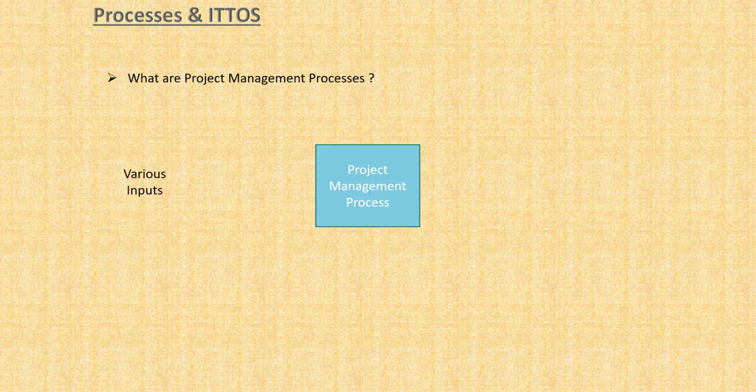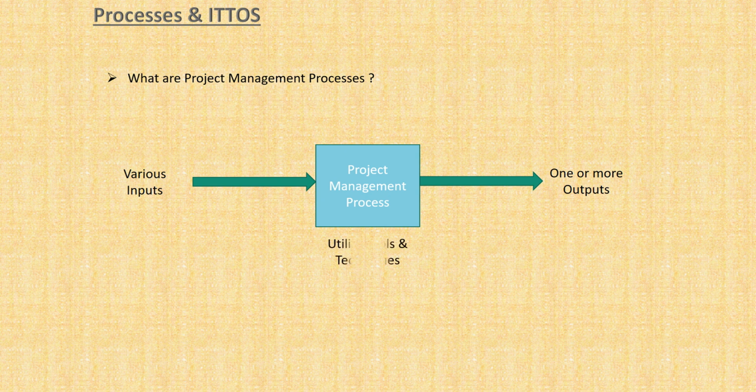So how do processes transform or produce outputs from various inputs? To do that, the processes have to implement some tools and techniques, right? Basically, if we think again about our example, identify risks, what tools and techniques are used? Tools and techniques may be expert judgment, right? How do we use expert judgment?